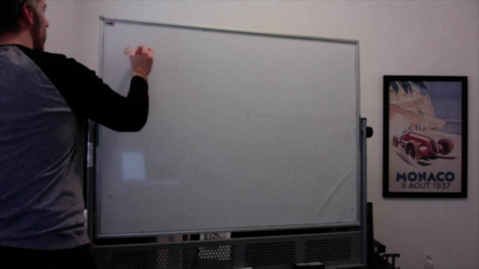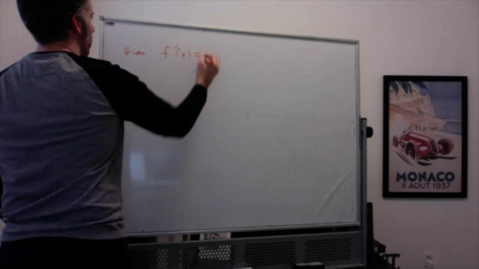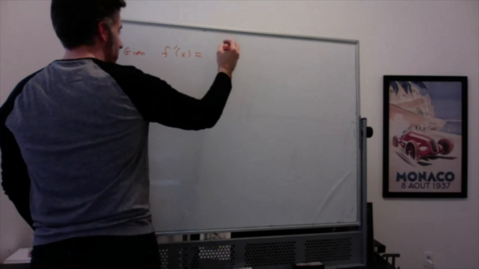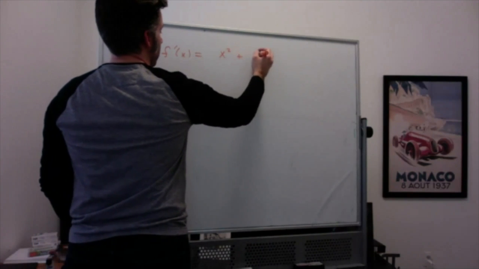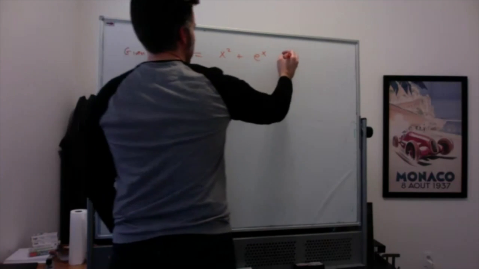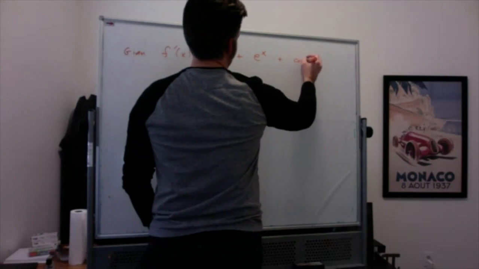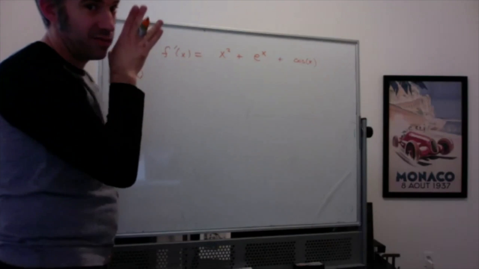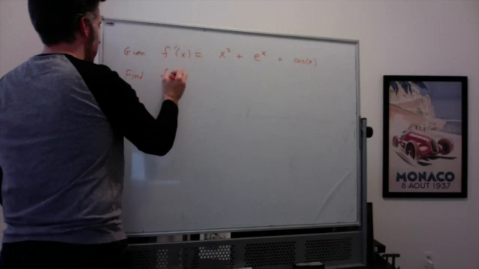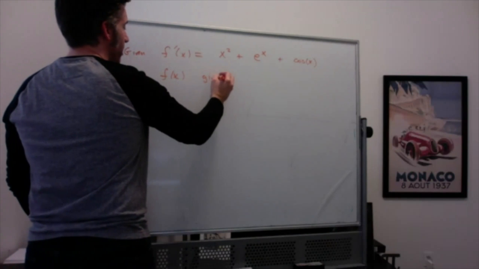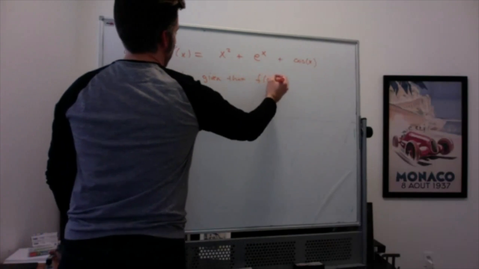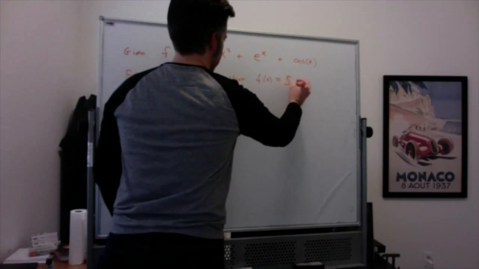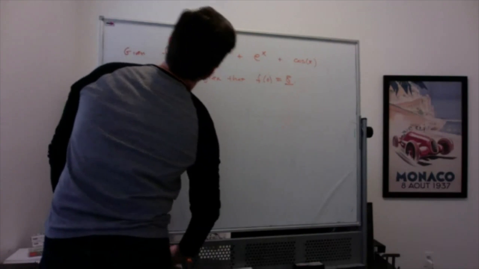So given f prime of x is equal to x squared plus e to the x plus cosine of x, find the original function, the antiderivative, given that f of 0 is equal to 8. Let's make that 8/3. Let's make that 7/3.